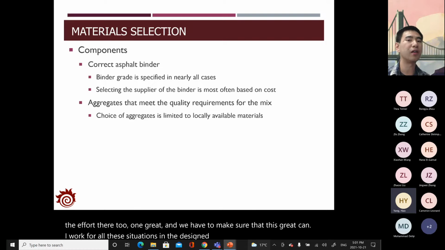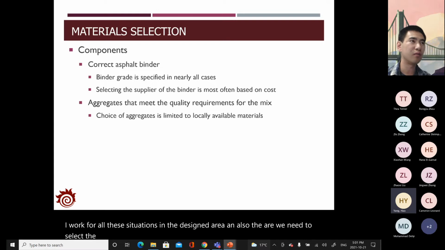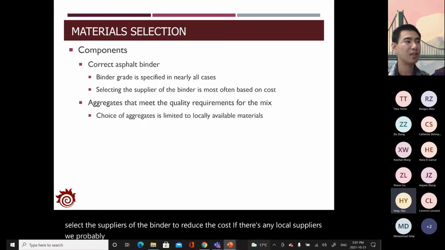And we also need to select the suppliers of the binder to reduce the cost. If there are any local suppliers, we will probably select them to minimize the transportation cost.